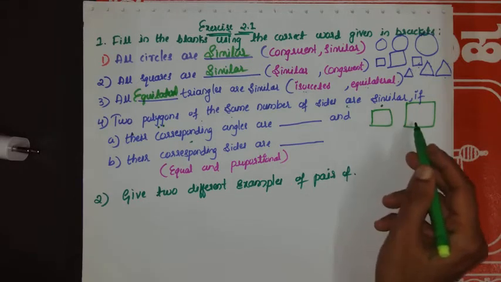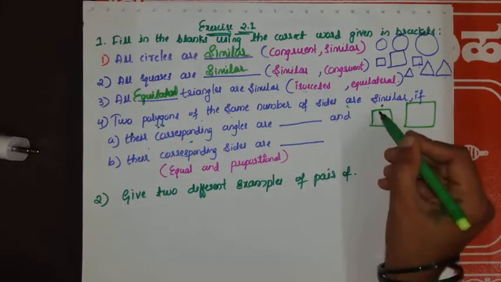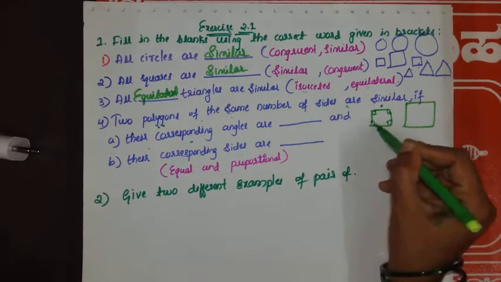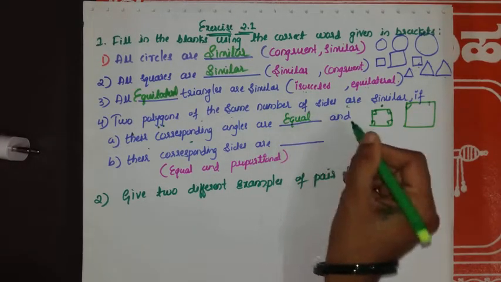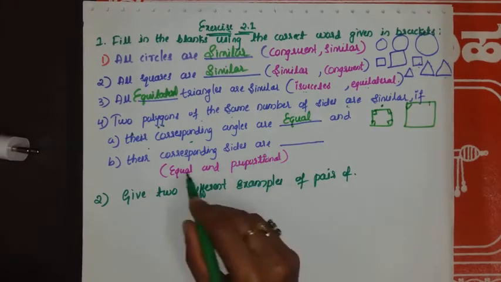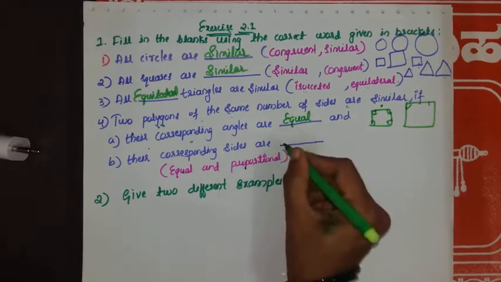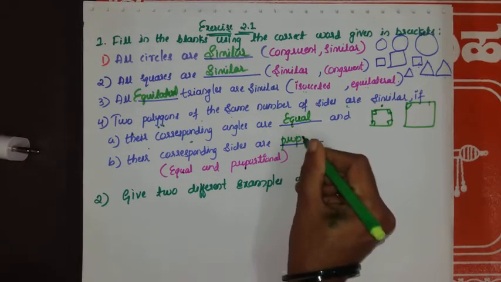So when they are similar, their corresponding angles are equal and their corresponding sides are proportional.